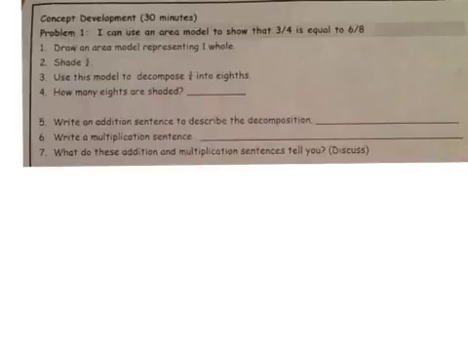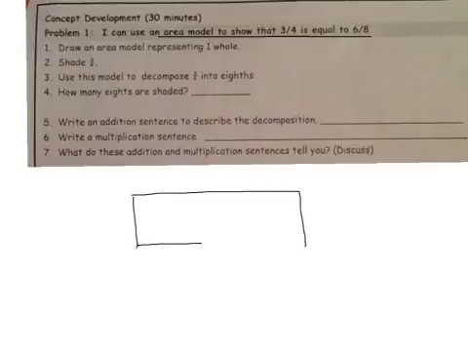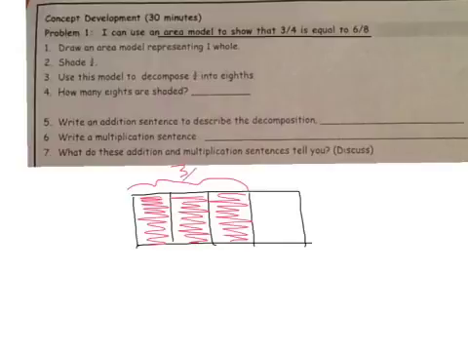Okay, the next part says I can use an area model to show 3/4 is equal to, or equivalent to, 6/8. So I'm going to draw an area model down here, and I am going to shade in 3/4. 1/4, 2/4, 3/4, and I'm going to mark that as 3/4.